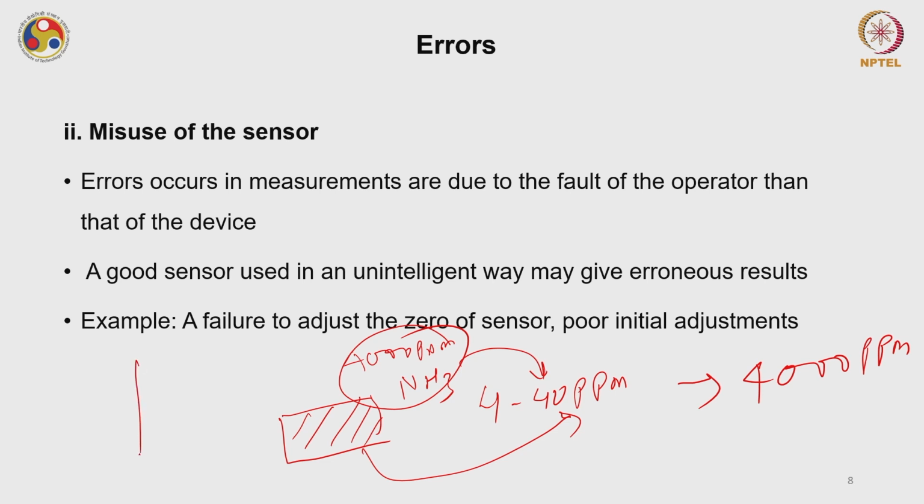Consider a fictitious transfer function or dynamic plot. Ideally, for 40 ppm, I was expecting something like this, say current versus time. At this point I have exposed it, and at this point I have switched off the ammonia. This is the switch-off condition. Now let's see how it will typically look for 4000 ppm of gas.